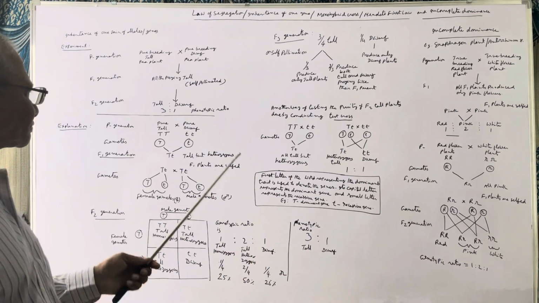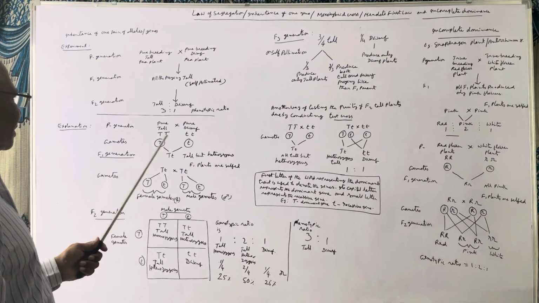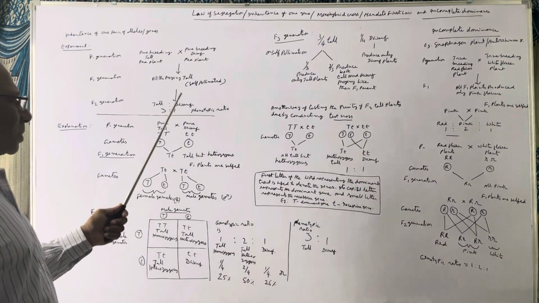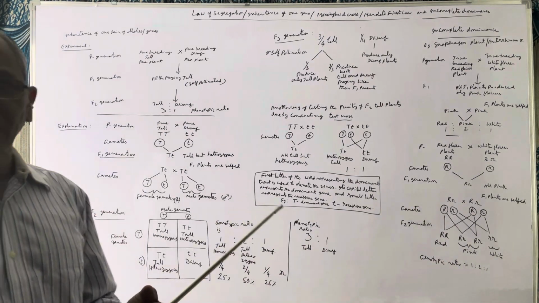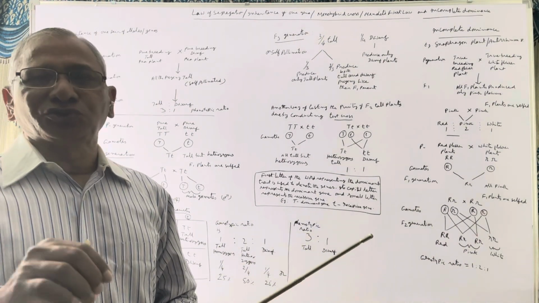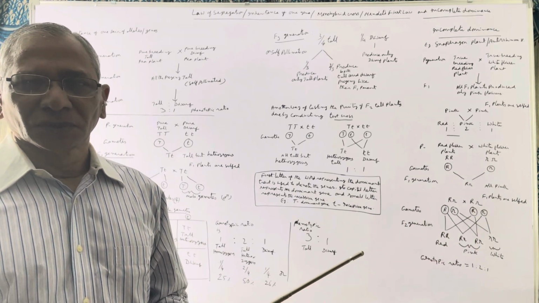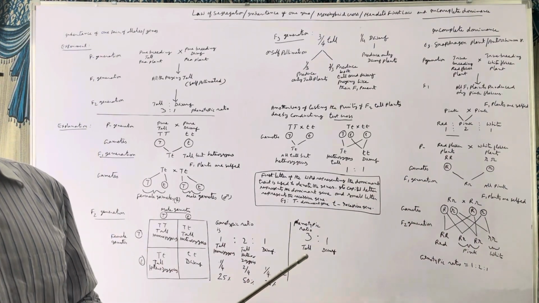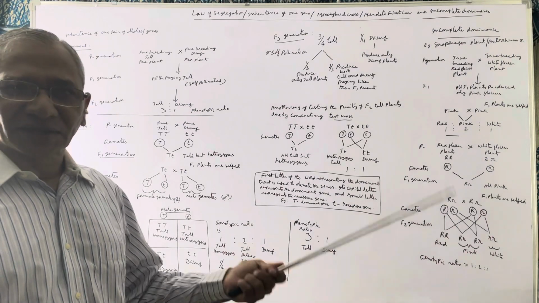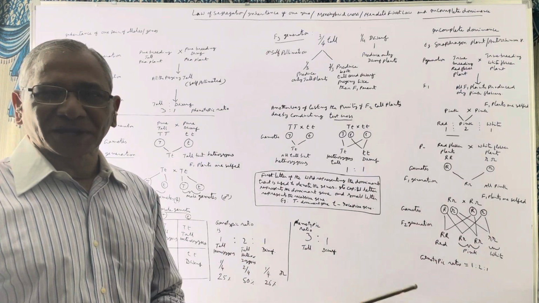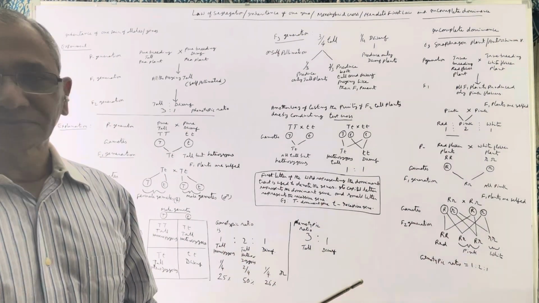Then, in the F2 generation, the tall and dwarf plants always appeared in a fixed ratio, that is 3:1. Then he tried the same experiment with other traits and he obtained the same results.